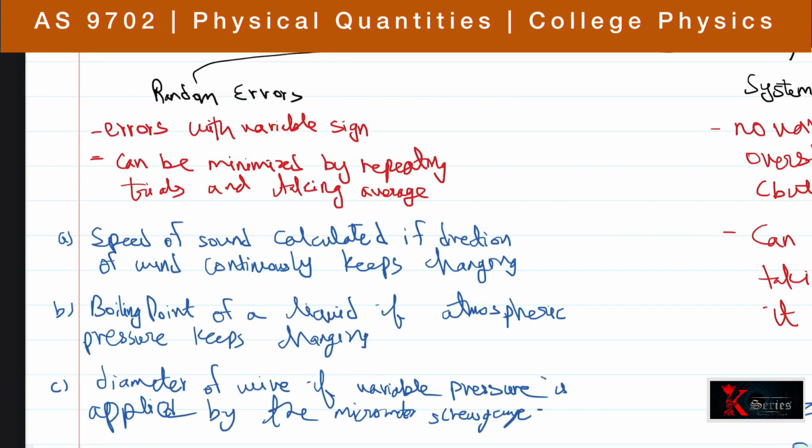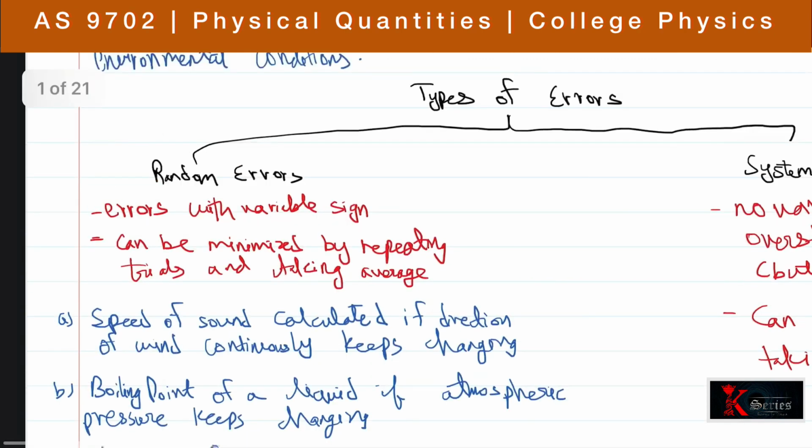Second, random errors can be minimized by repeating trials and taking an average. We repeat the experiment over and over again and then take an average of the readings we're getting. This is one way to minimize random errors.